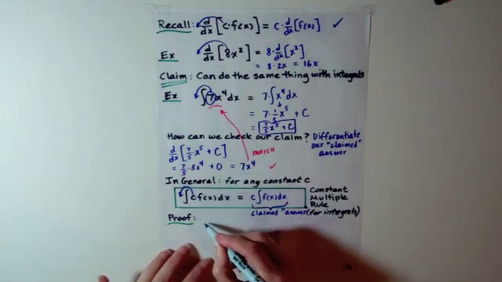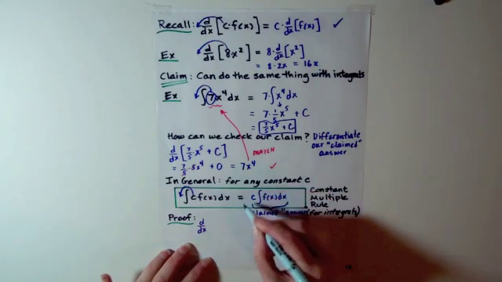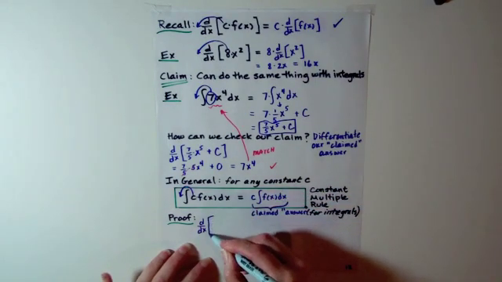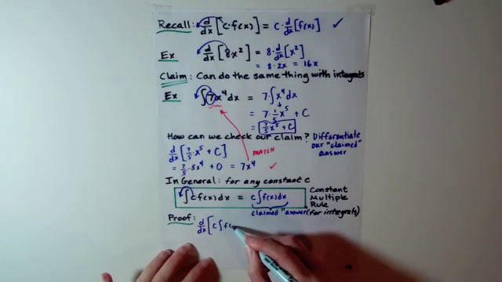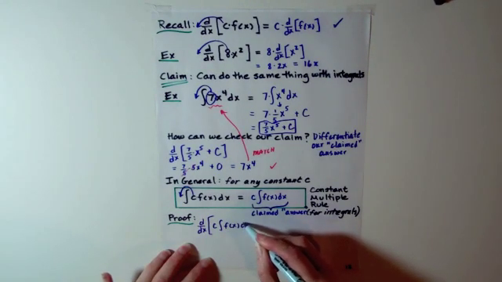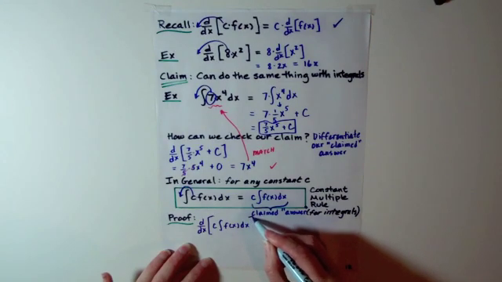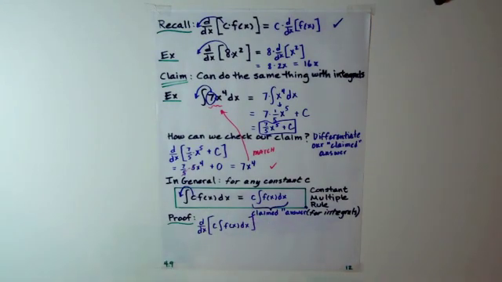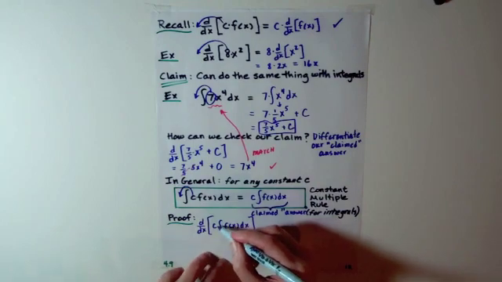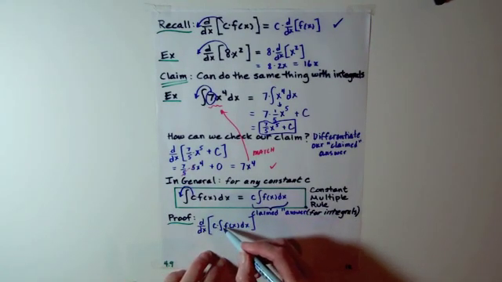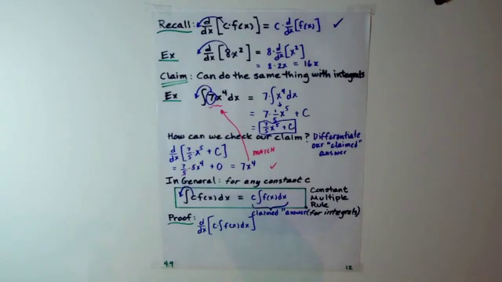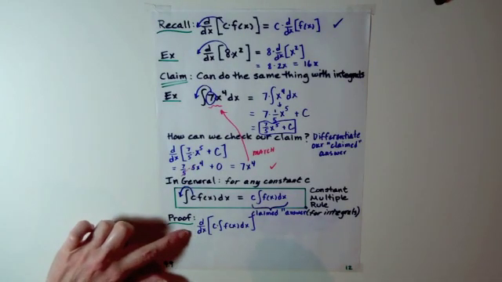So let's do that. I'm going to go ahead and take the derivative of this right-hand side, the thing that I'm claiming is correct. So it's the derivative of c times the integral of f of x dx. Well, this is c times this integral. So c is a constant multiple, but now it's a constant multiple in a derivative problem.